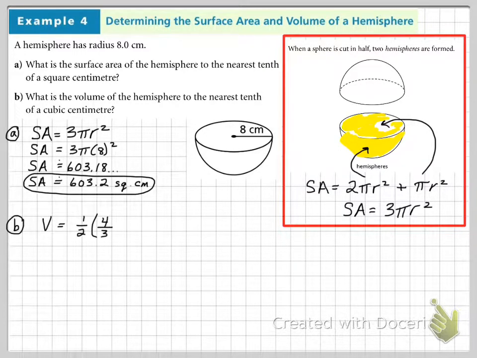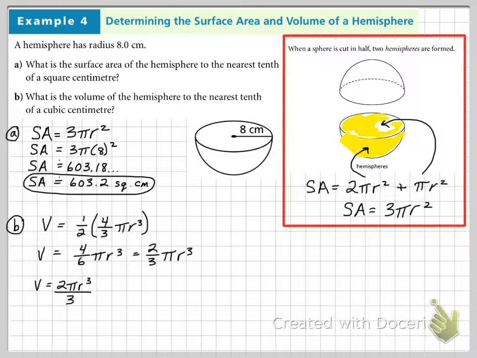Now the volume is 4/3 pi r cubed. And remember, for a hemisphere, the volume is only going to be half of that. So half of 4/3 pi r cubed is 4/6 pi r cubed, or reducing it gives me 2 pi r cubed divided by 3. Which makes sense, because if my full volume was 4 pi r cubed divided by 3, half of it would be 2 pi r cubed divided by 3.